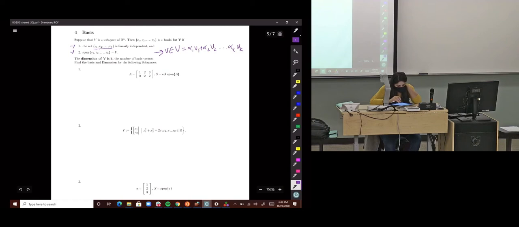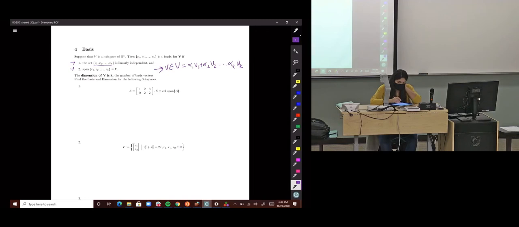Let's try and see how we find the basis of the subspace.